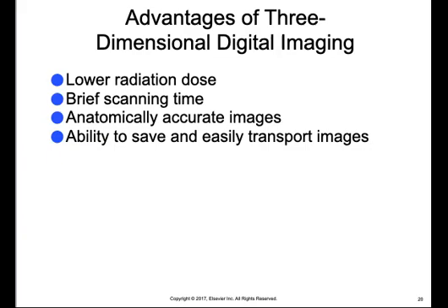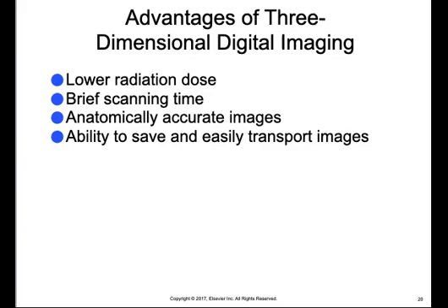Anatomically accurate images are another advantage, because CBCT eliminates the superimposition of structures. Sometimes when we see a two-dimensional X-ray, two images can be superimposed so that you're not sure if that image is on the back or the front or sometimes on the sides.